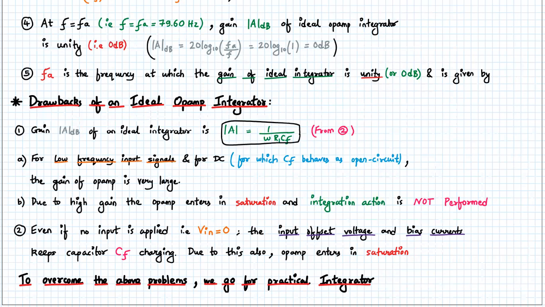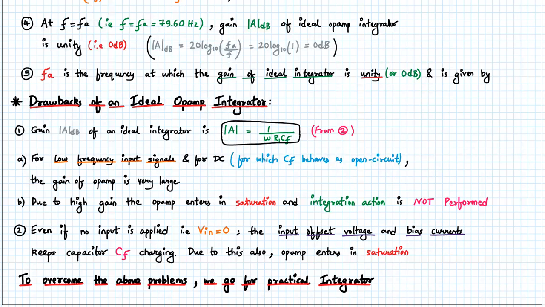So for a very low frequency input signal, or for DC, for which the capacitor CF will behave as an open circuit, the gain of the op-amp is very large. So due to this high gain, the op-amp might enter into the saturation region, and the integration action might not actually be performed at lower frequencies.